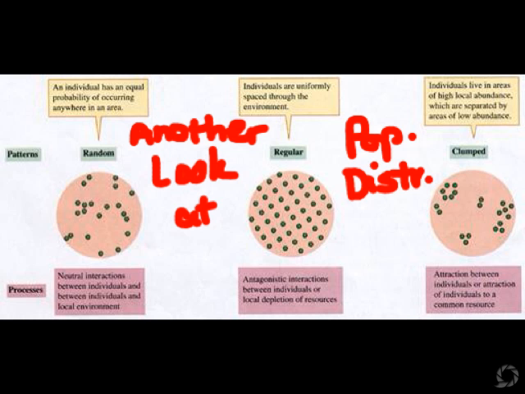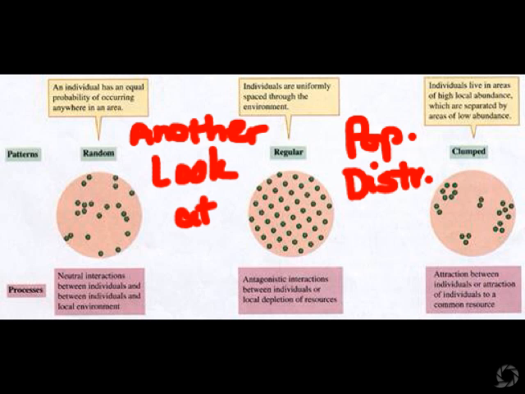And here's just one more look at population distribution. This time the example is bacteria growing in a petri dish. Do we see that evenly distributed situation where we've got bacteria growing throughout the petri dish? Are they growing randomly, which suggests that it doesn't matter where they grow because there's always going to be enough food for them?